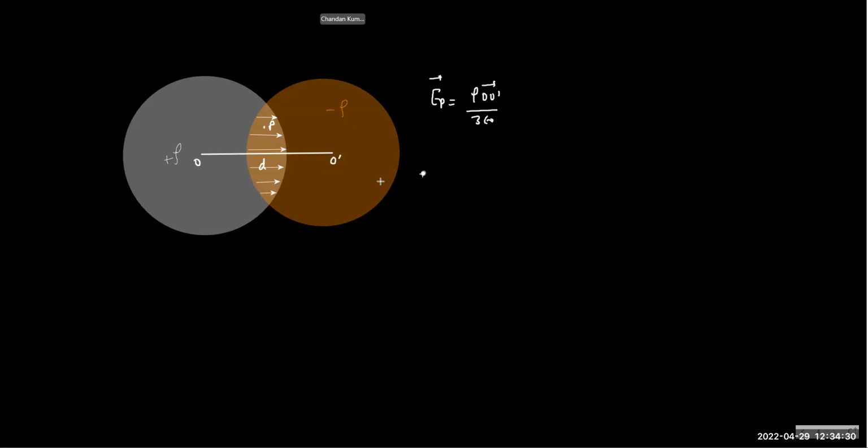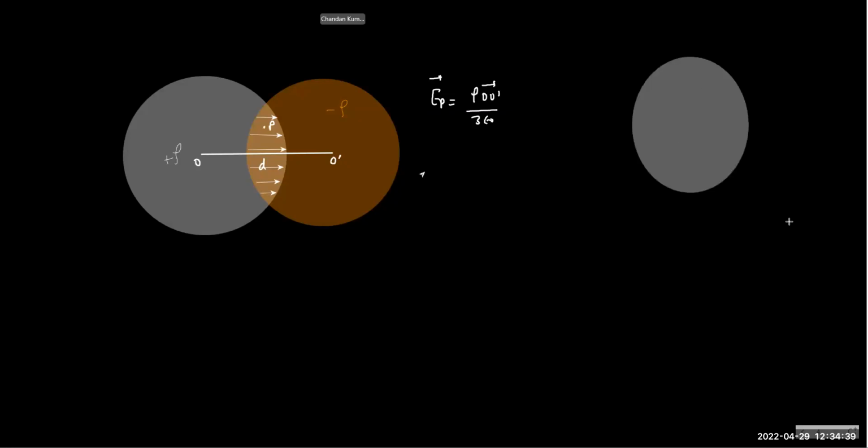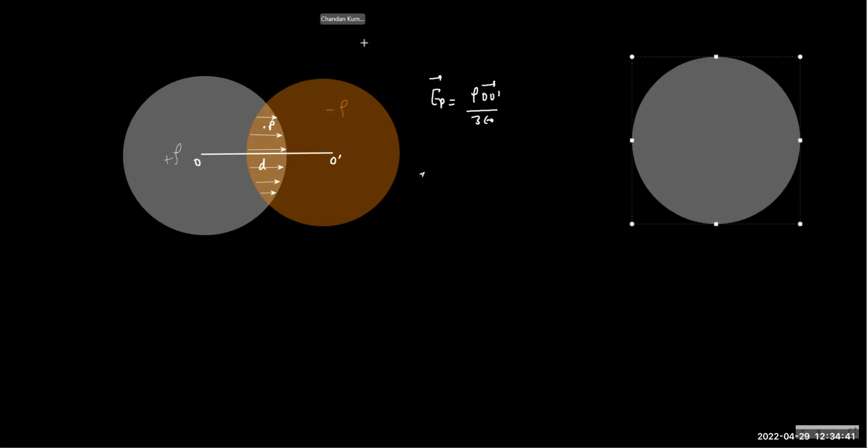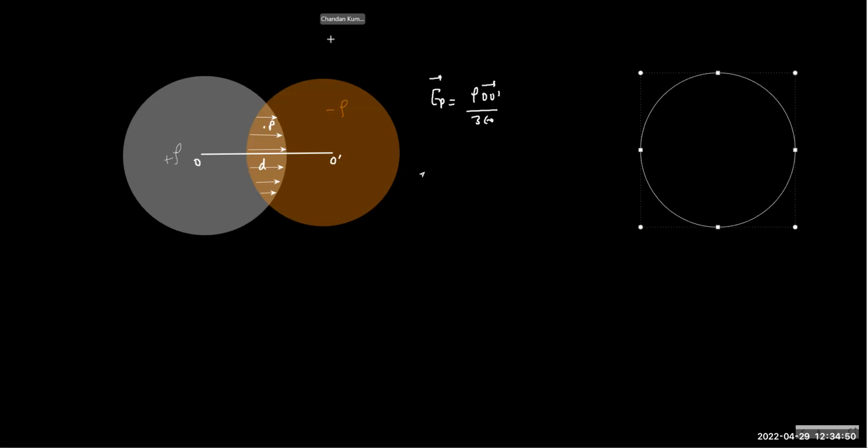All right. So whenever we have a cavity, now let's take this to a different level. So we have, let's say, a hollow shell, and we have some positive charge here, which is non-uniform, and then we have the negative charge, which is also non-uniform.